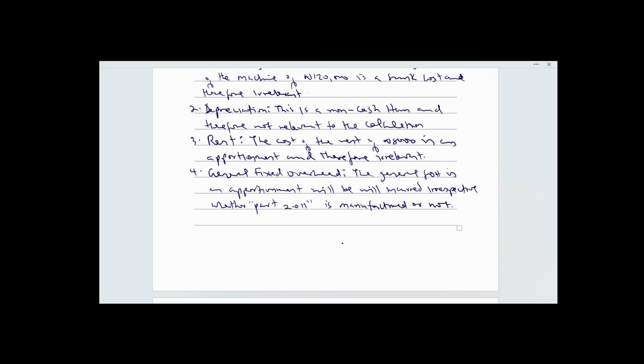Therefore, hence, general overhead is not relevant. Hence, the general fixed overhead is not relevant.